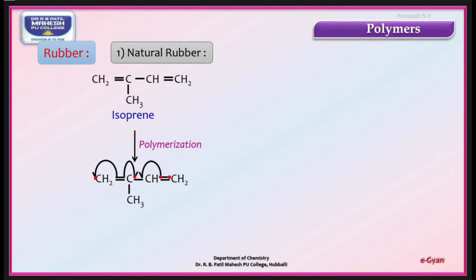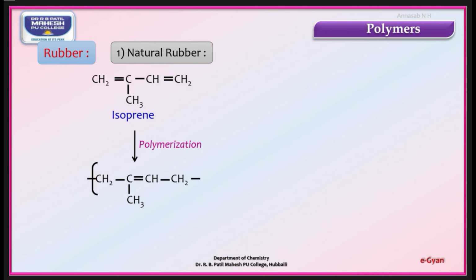So you can see here there is a free radical formation. The carbon atoms are going to get one free radical from the double bond, and there is a formation of a new double bond between the second and third carbon atoms, and instead of a double bond, this now becomes a single bond, and on either side n number of such groups are going to form.